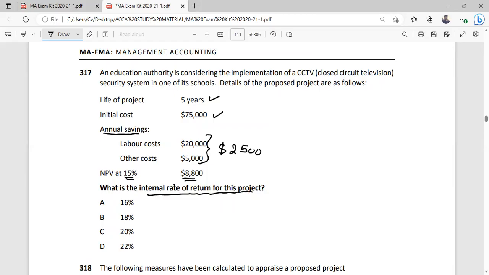To calculate IRR, we need two present values or two net present values and the cost of capital.